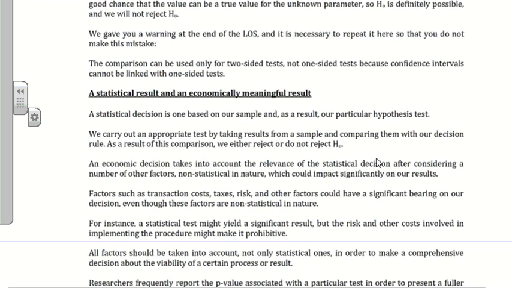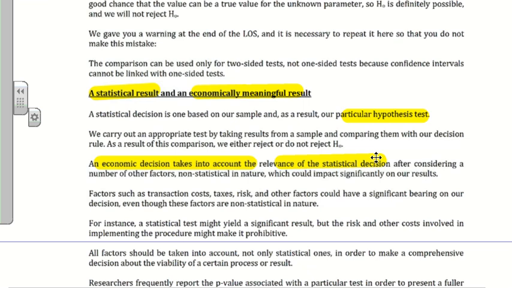We just mentioned an interesting concept over here, a statistical result and an economically meaningful result. A statistical result is when I run all my statistics and I come out with a result. It's a hypothesis test, I do all my samples, I do everything like that. An economically meaningful decision takes into account the relevance of the statistical decision, but it also considers non-statistical factors.